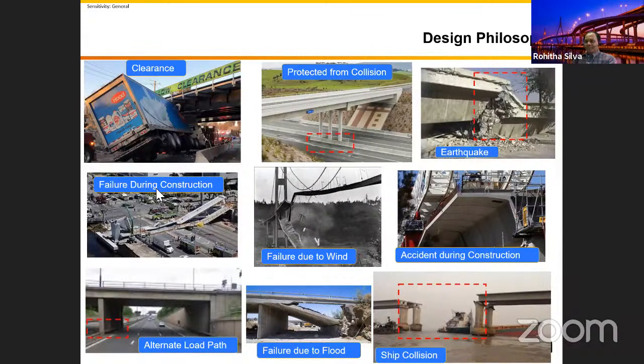And you can see the other picture I have here: failure during construction. You design the bridge, everything is good. This is a pedestrian bridge, a very famous one. You read about it; it was in the news maybe a year ago, or last year. I forgot the exact date, but you design this bridge for people to walk on after you finish everything, but you missed the during-construction stage. Is it going to work or not?